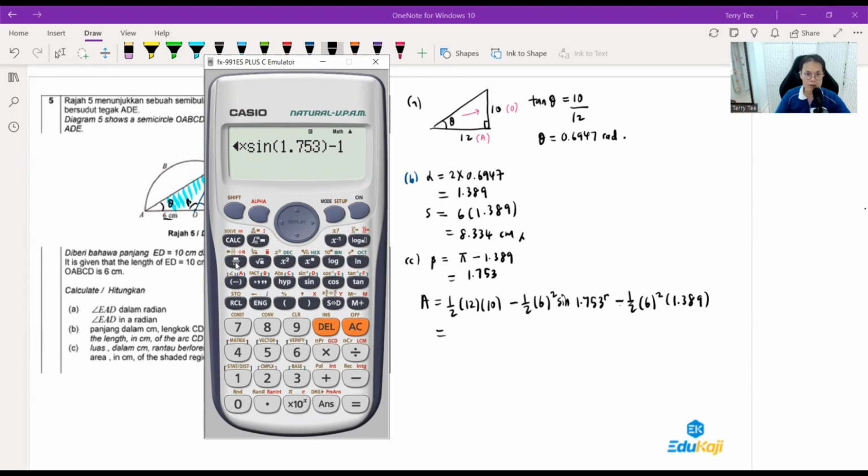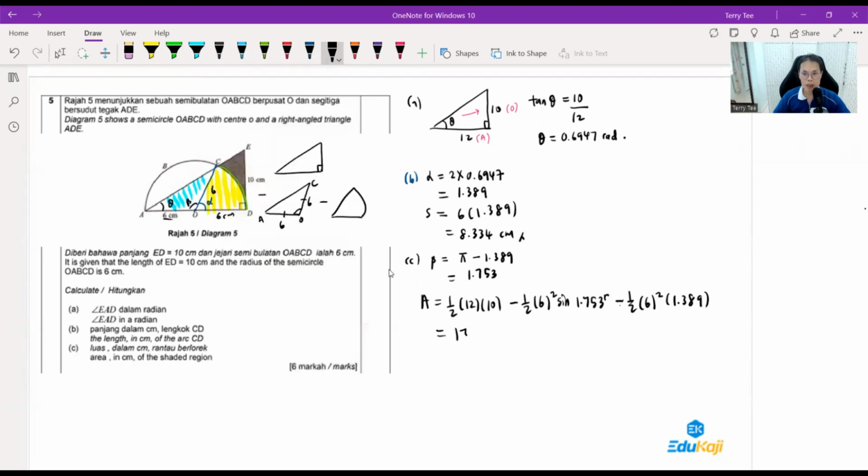Whenever you sine, cos, tangent in radian, it is important that your calculator is in the same mode, radian mode. Then minus 1.389. Okay, I got 17.295. If you round correct to 4SF, it is 17.30.